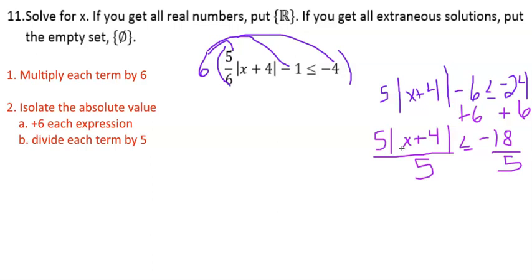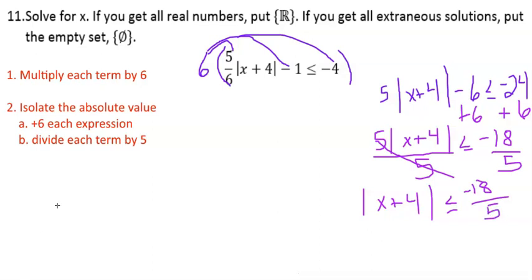So 5 times the absolute value of x plus 4 divided by 5 is just 1 absolute value of x plus 4. So we have the absolute value of x plus 4 is less than or equal to negative 18/5.